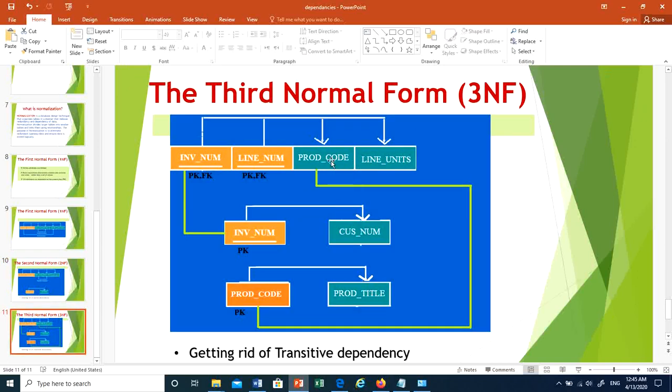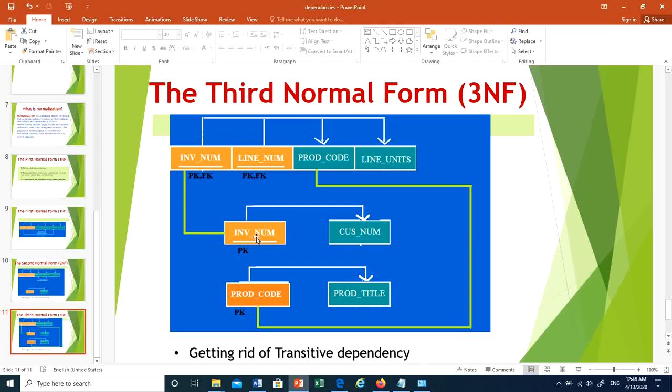So product code is left here, but product title has been removed from the original table, and product code determines it. So product code now is a primary key for this, as the previous invoice number was a primary key for the customer number when I removed the partial dependency. How do I create the relationship? I would like you to follow these green lines. When I left a copy of the invoice number here, that will make up part of the key and at the same time a foreign key for this primary key.